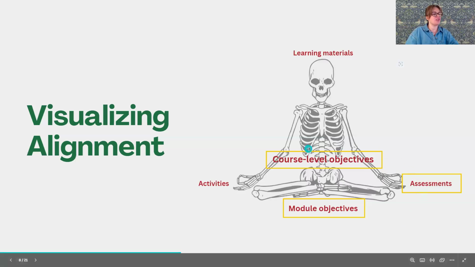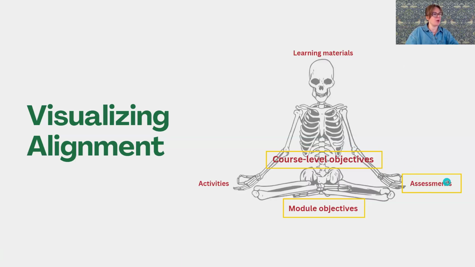And assessments are just one component of alignment. We can also talk about learning materials and course activities, again, distinct from assessments or formal evaluation methods. So just keep in mind the value of alignment, and without alignment, as I like to say, your course would be like lacking a skeleton.